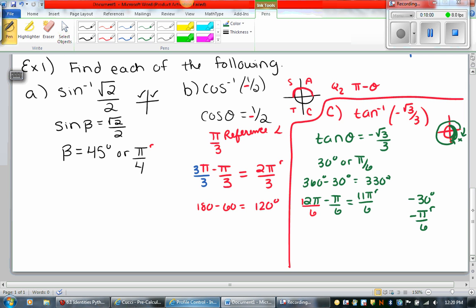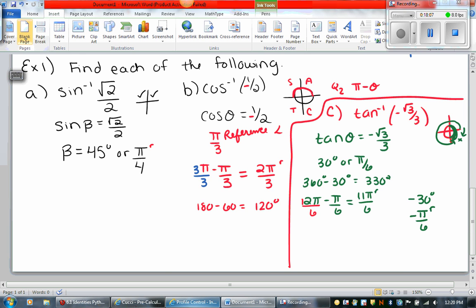You also have to know how to do this in your calculator, which really should not be difficult. So let's take a quick look at that, and then that's all we're going to do for today.